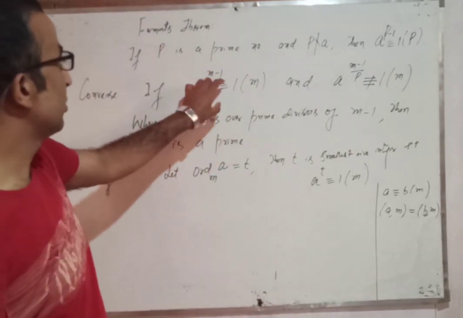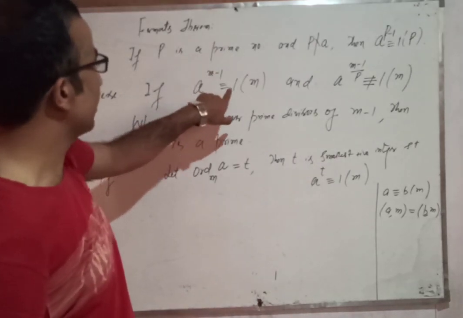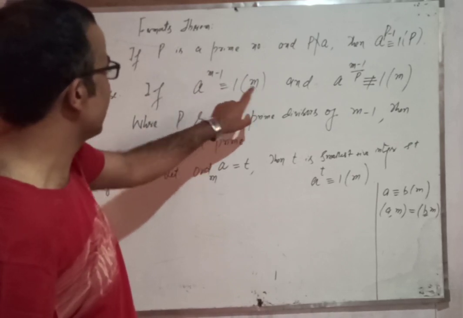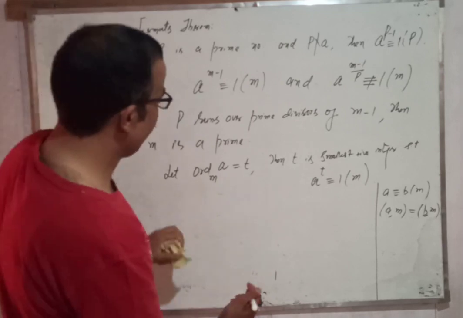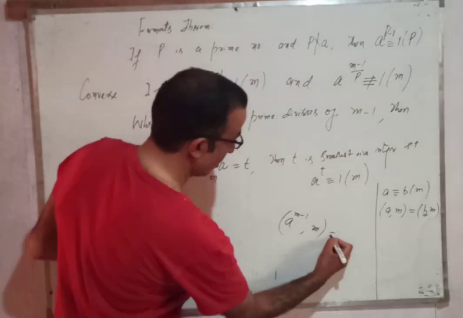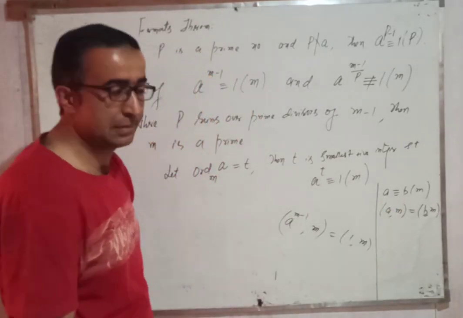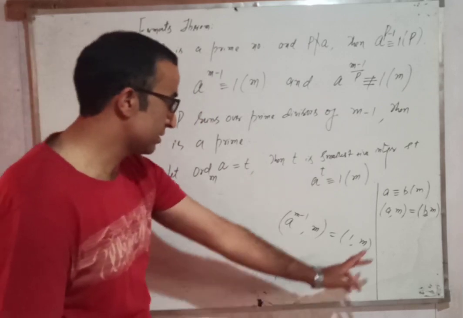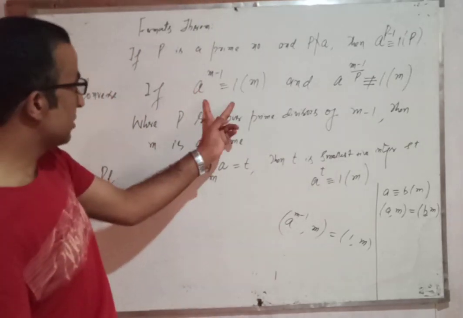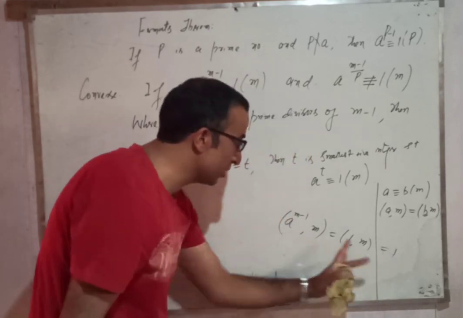We call this a, this b. Now this a is congruent to this b modulo m, so a power m minus 1 is congruent to 1 mod m means the GCD of a power m minus 1 and m equals the GCD of 1 and m, which is 1.